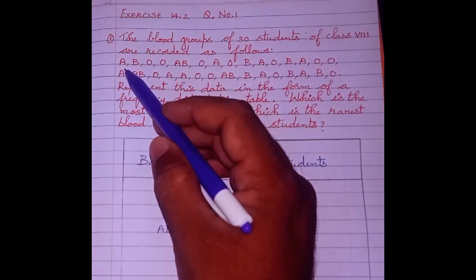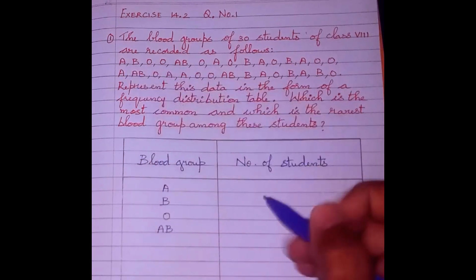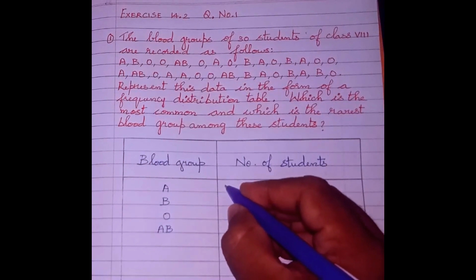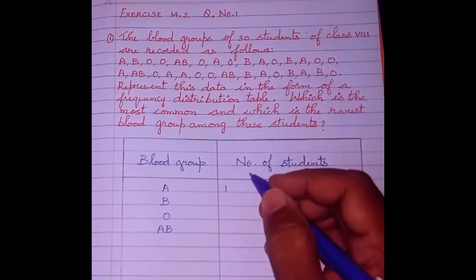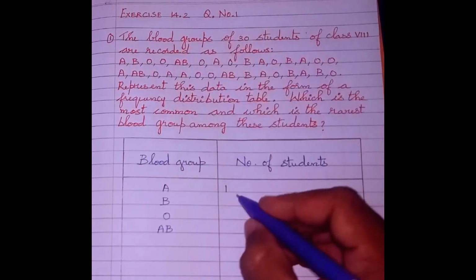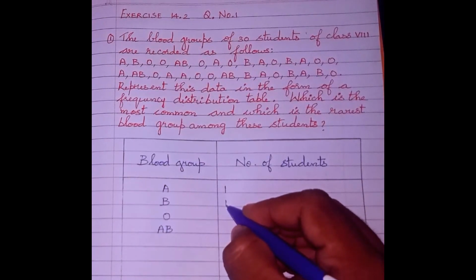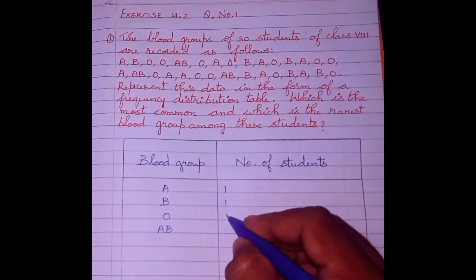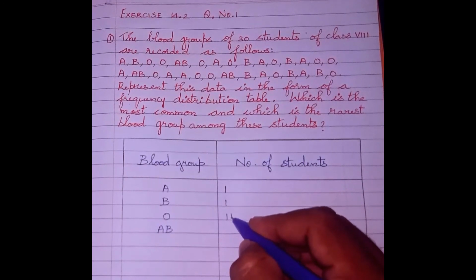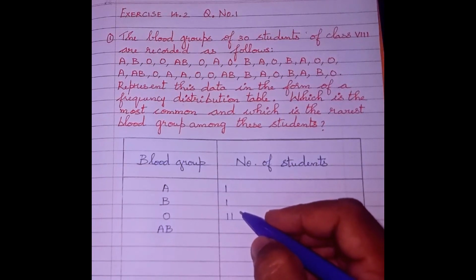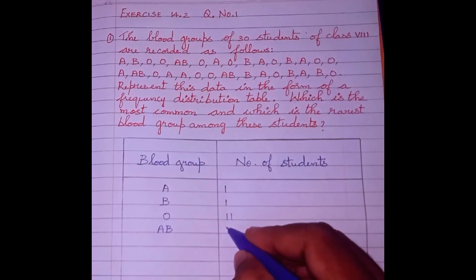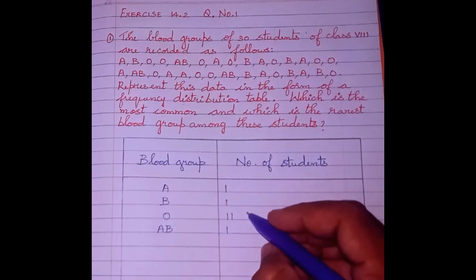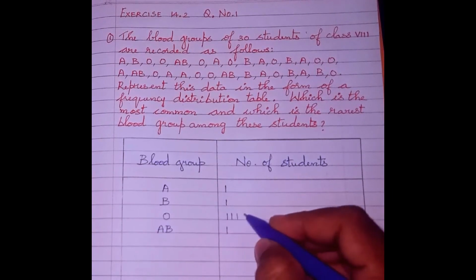A is there, so you make a tally mark in A. The second one is B, so you make a mark in B. The third one is O. Fourth one is also O. Fifth one is AB. Sixth one is again O.